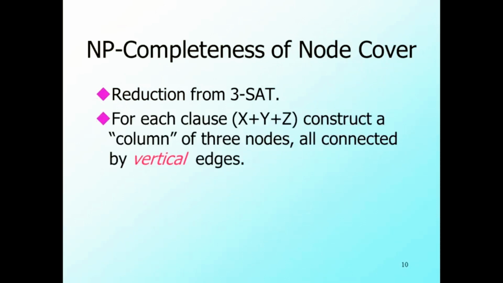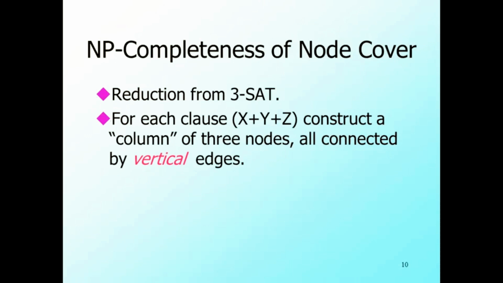Given an instance of 3SAT, we construct a graph. There is a node for each literal of each clause, so the number of nodes is 3 times the number of clauses. It helps to imagine the nodes arranged in a rectangle, where the columns correspond to the clauses. Each column has 3 nodes, 1 for each of its literals.